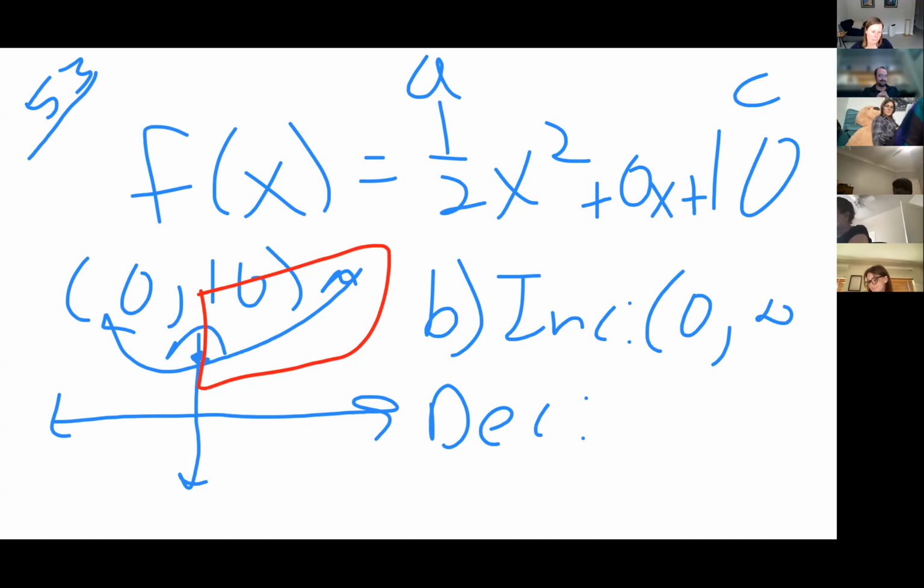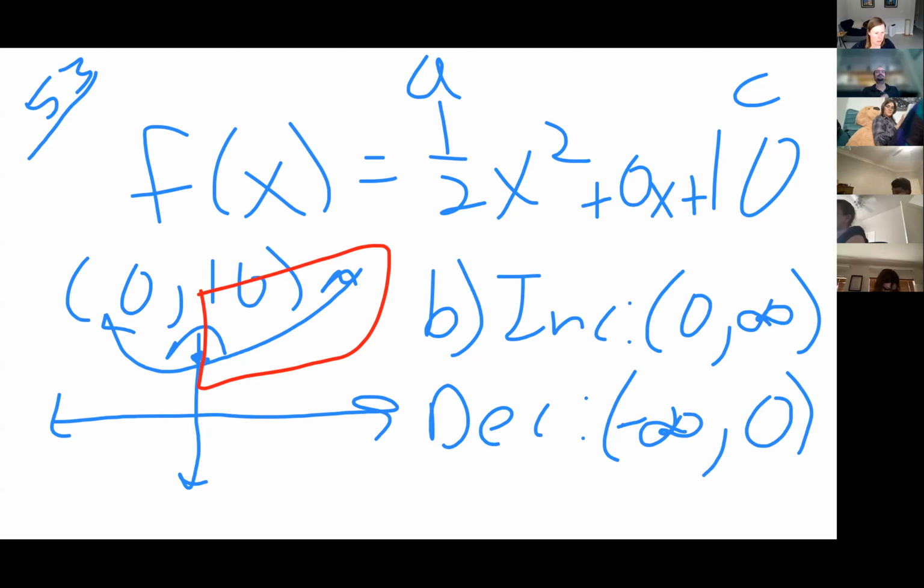Infinity. Yep. And on the other side, can you write this out without me telling you? It's the flip of that, right? So instead of infinity, start at minus infinity, and we go up to 0. Yep, that's it.